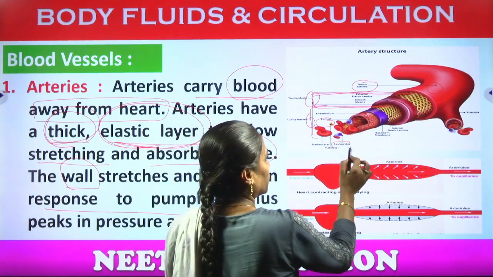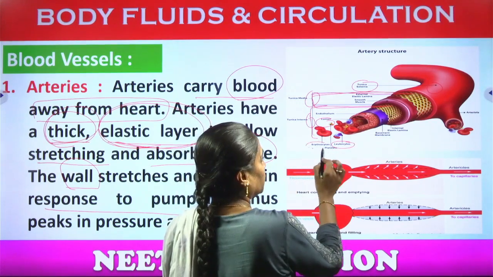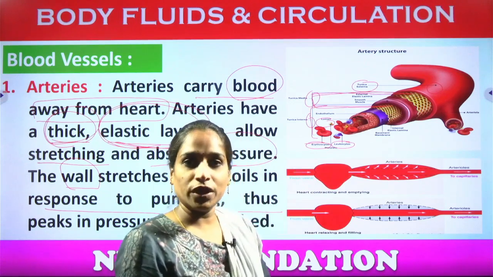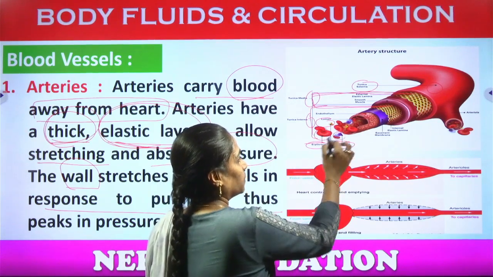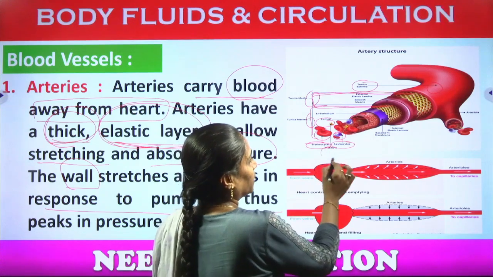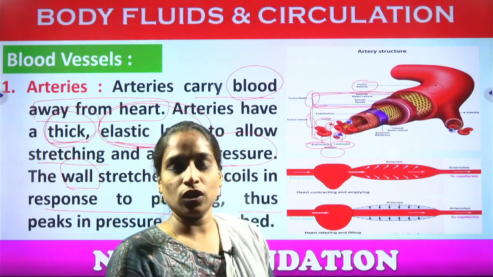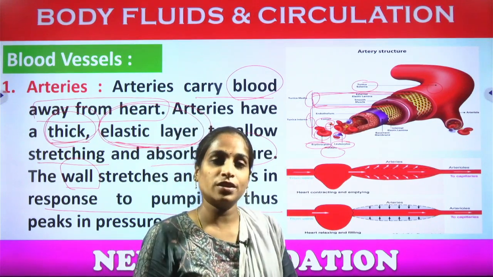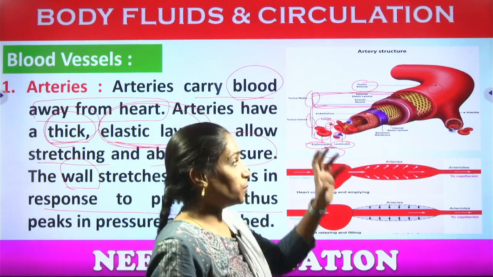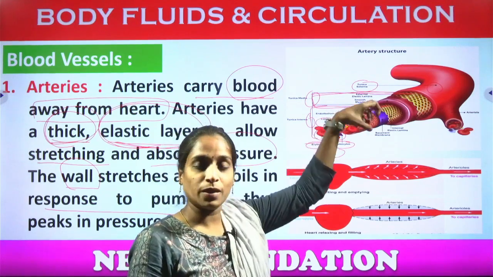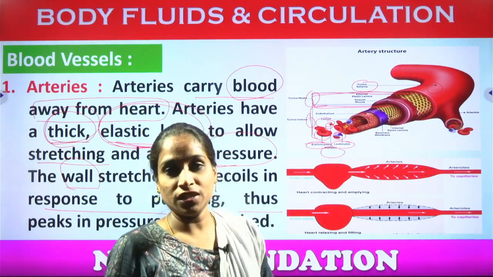The leukocytes, the white blood cells, the erythrocytes, the red blood cells, and the platelets, irregular bodies called platelets. Apart from this, liquid materials are also present inside the blood vessels.